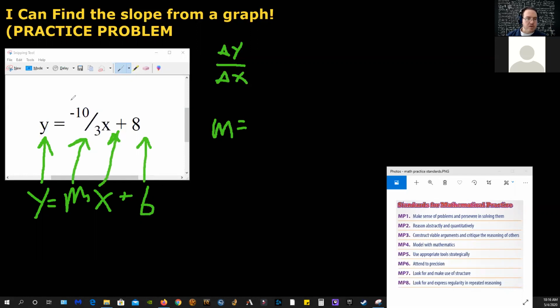B in this case is 8. So in this case, the slope is -10/3. That's it. You just have to be able to spot it in the equation, and it's right there. Whenever the equation is in y equals mx plus b format, it's whatever the coefficient of the x is, whether fraction, decimal, whole number, integer, whatever is stuck to that x is the slope.